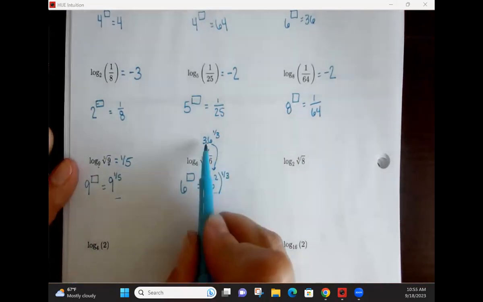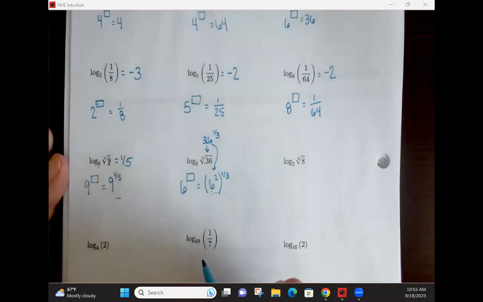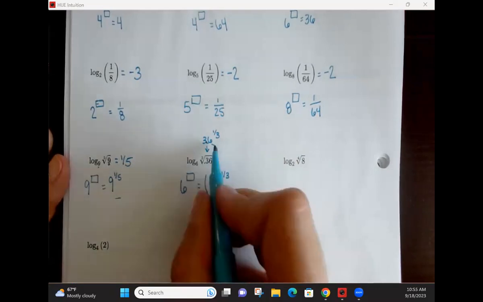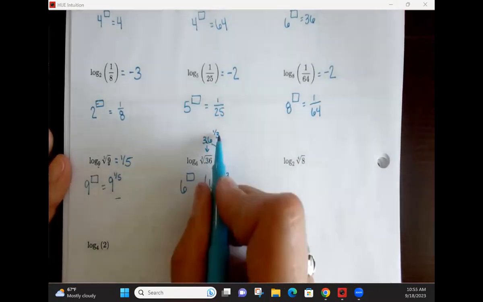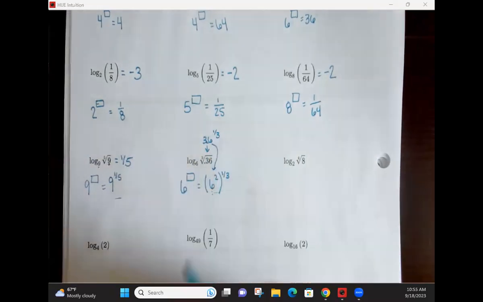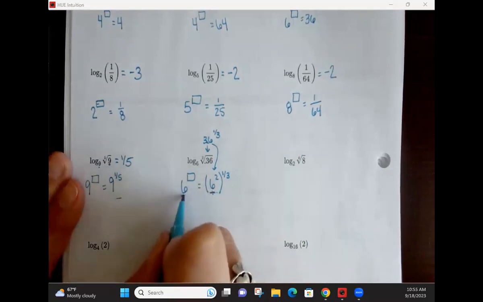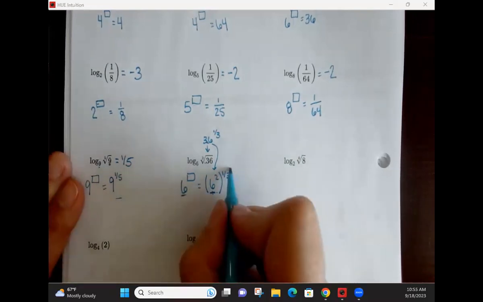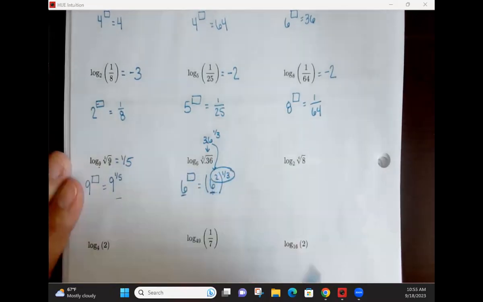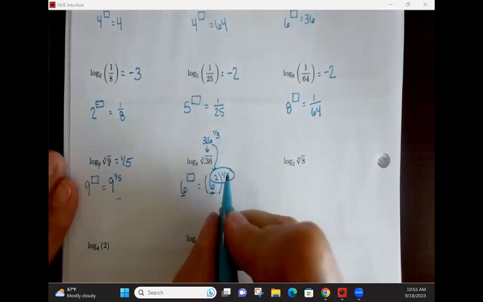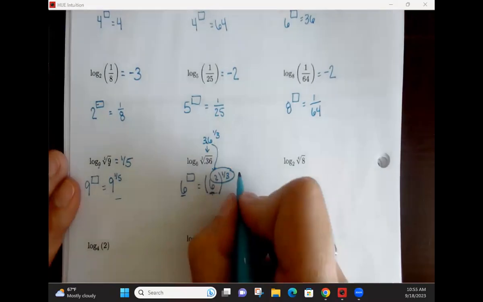These are the same. All three of these are the same thing. 6 squared is 36. 36 to the 1/3 power is the cube root of 36. Those are all the same thing. But when I've rewritten to have the same base, now I can figure out what that exponent should be. Since I've got power to a power here, I would multiply.